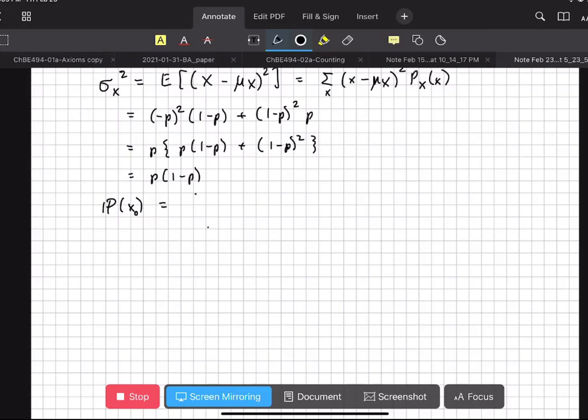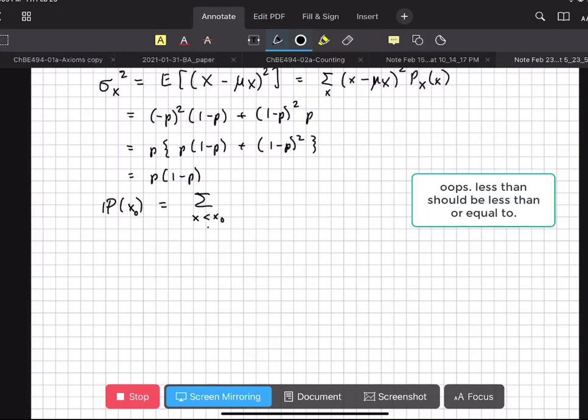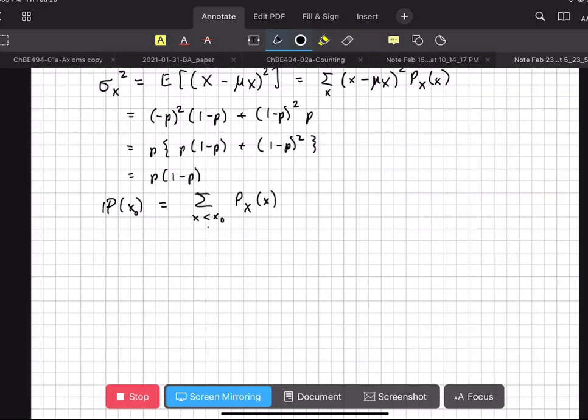It's going to be the sum over all allowed values of x that are less than or equal to x naught for the value of the distribution function itself at those points. Okay, so x naught here is a summation limit, and that's it. We have a sum now that's going to end up being a piecewise function, and let me draw the different cases.